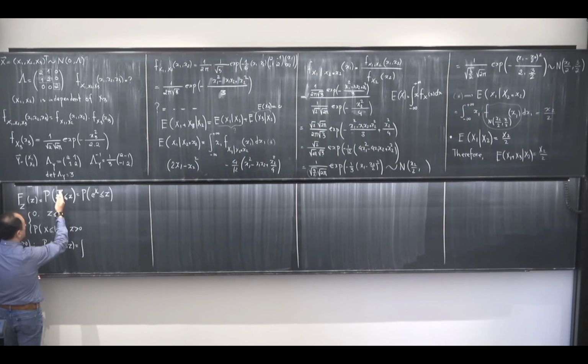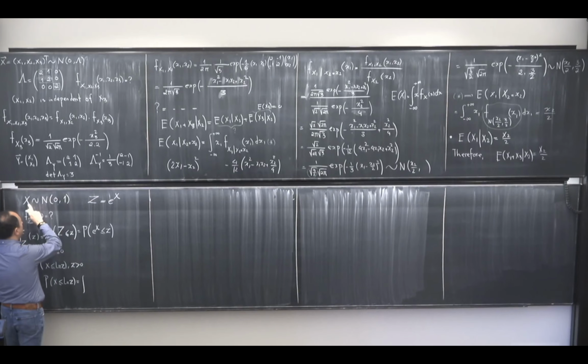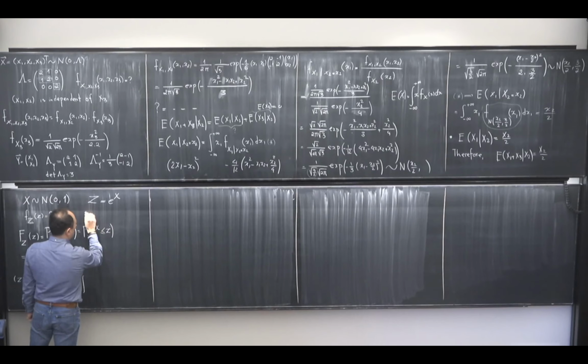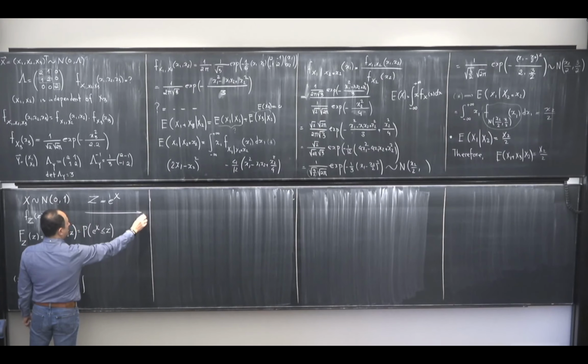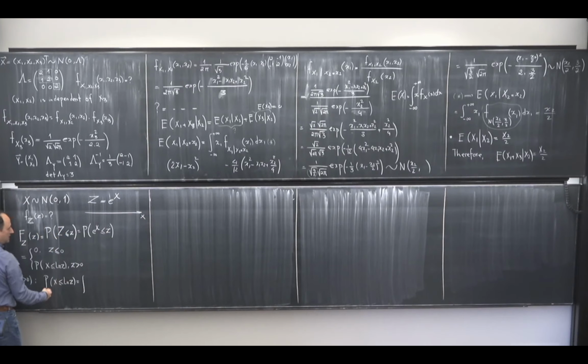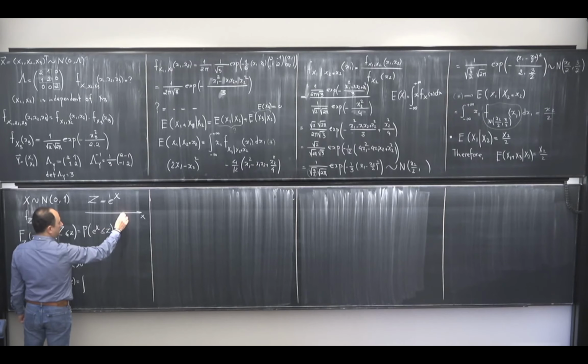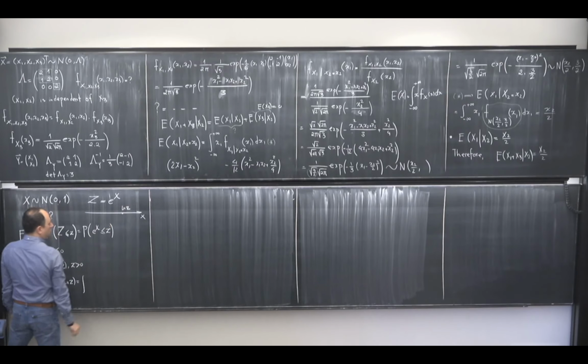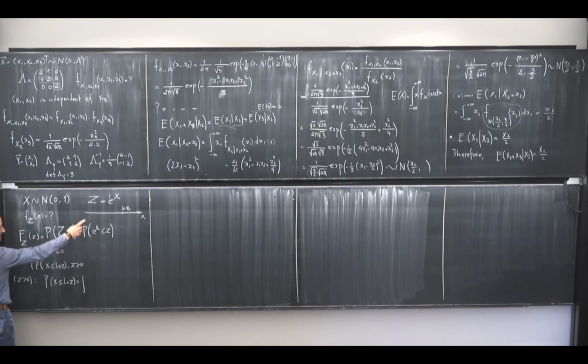Because this is a normal distribution, it means that x can go from minus infinity to infinity. So if you can draw a diagram for yourself here, this is x from minus infinity to infinity. And then ln of z is a number, somewhere here, for example. And you want to have x less than ln of z. So you have to integrate over all possible values.